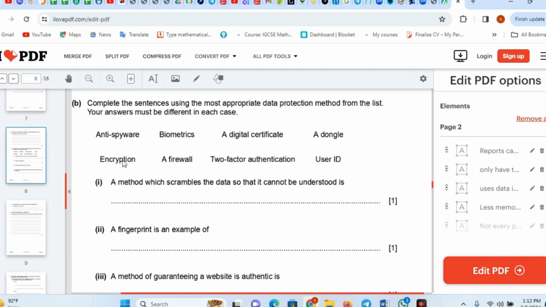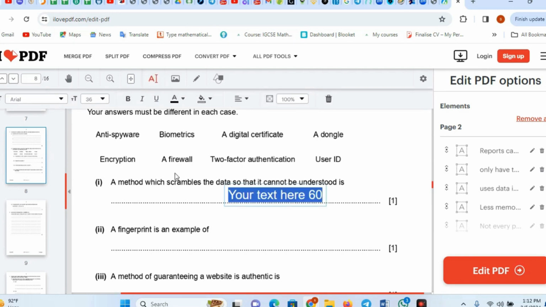The correct answer is what? Encryption. So you just choose encryption here. That's our correct answer. Encryption. So it scrambles your data so that it cannot be understood. That's encryption.